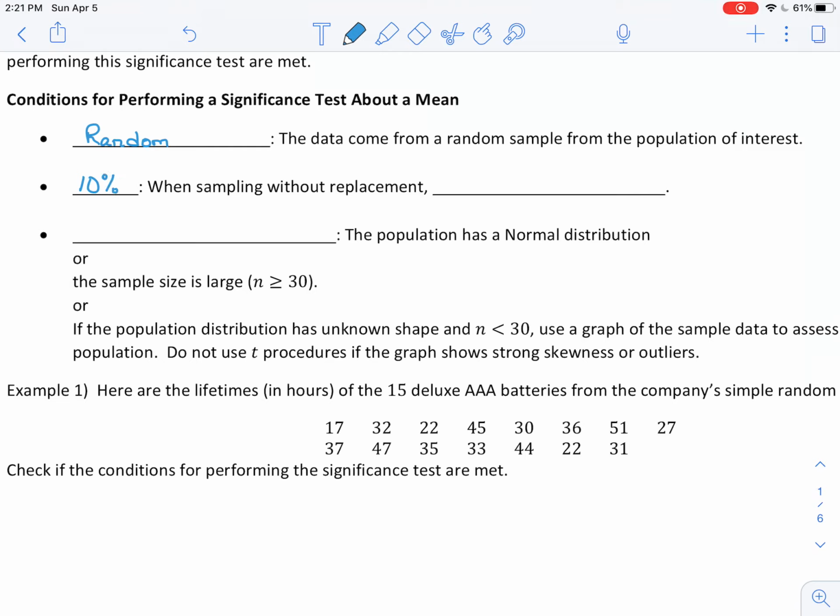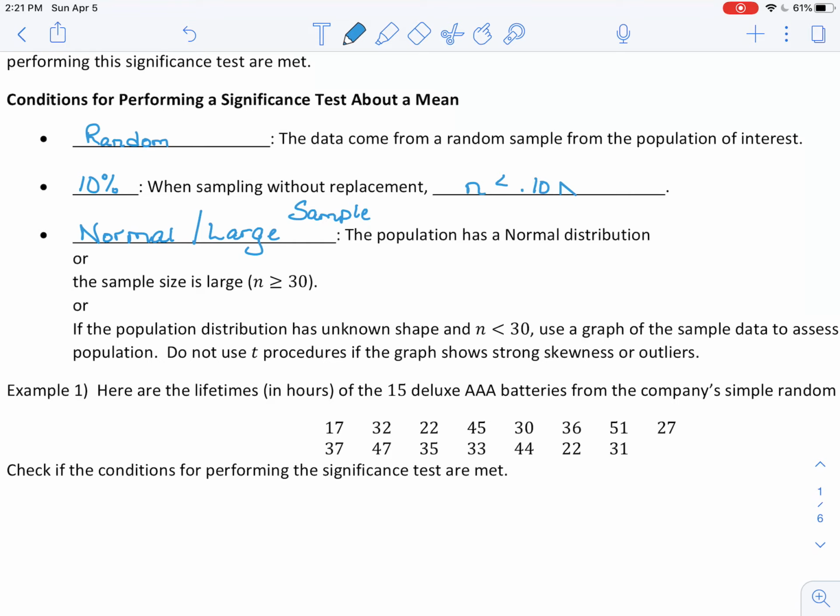We have to make sure that the sample can be viewed as independent, which is our 10% condition. If you're sampling without replacement, that sample size must be less than 10% of your population size. Also, the newest condition that we hadn't worked with for as long is your normal/large sample condition.